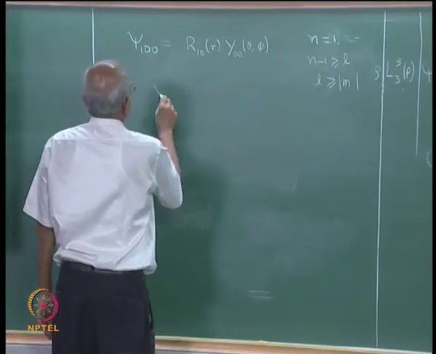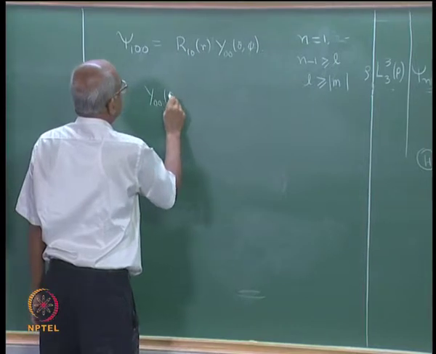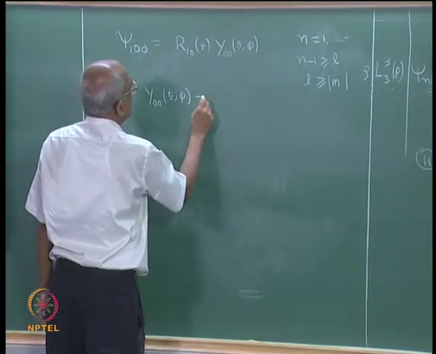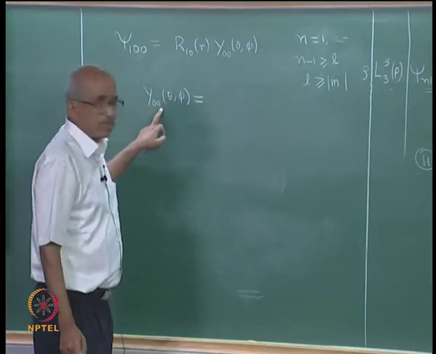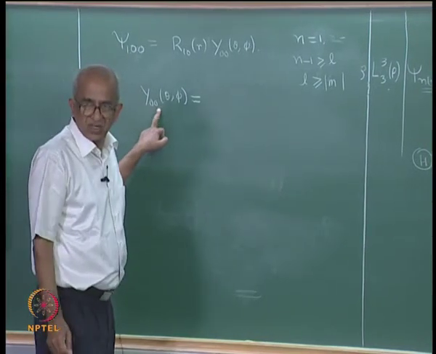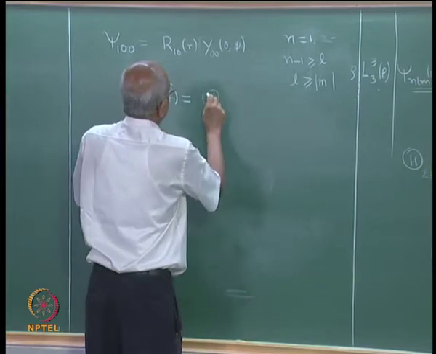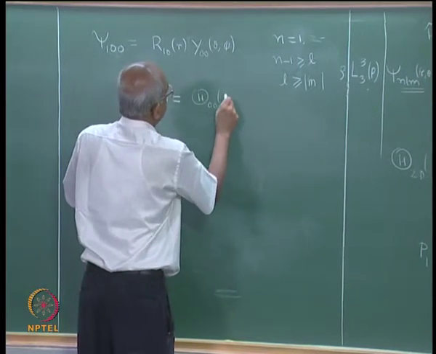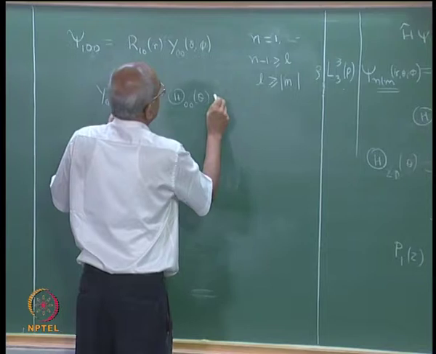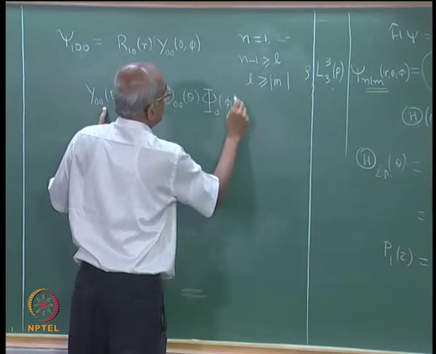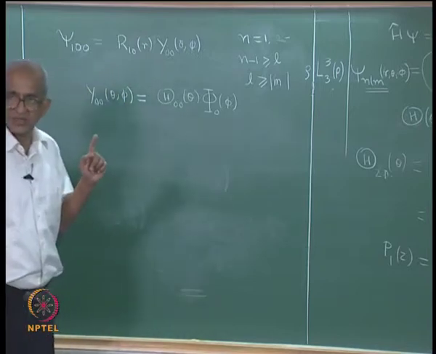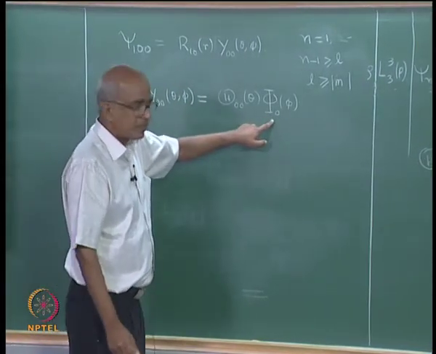But what is capital Y 00? This means that L is 0 and m is 0, correct. So, it is actually going to be theta 00 of small theta into phi 0 of small phi. This is what it is, and this we have already evaluated.